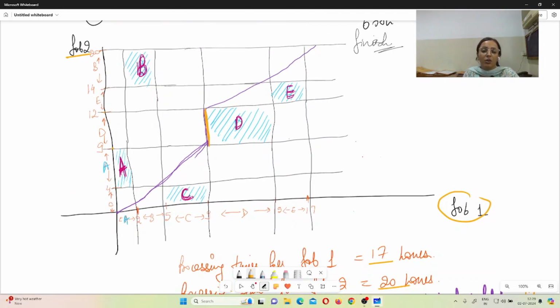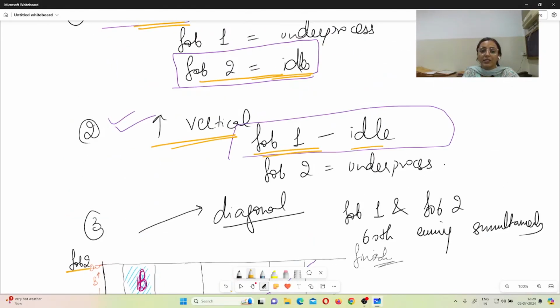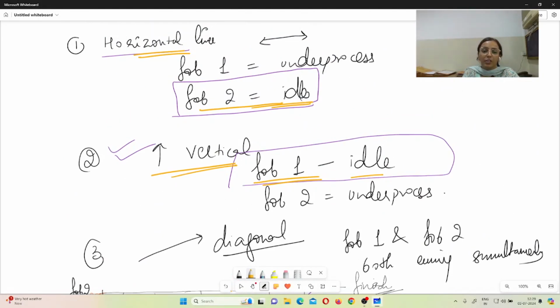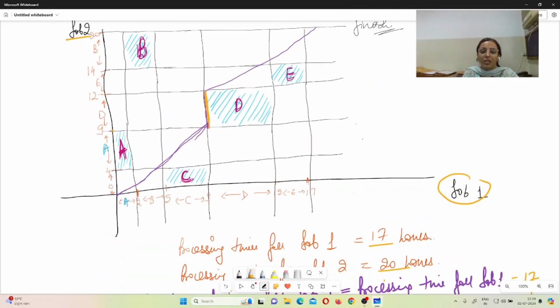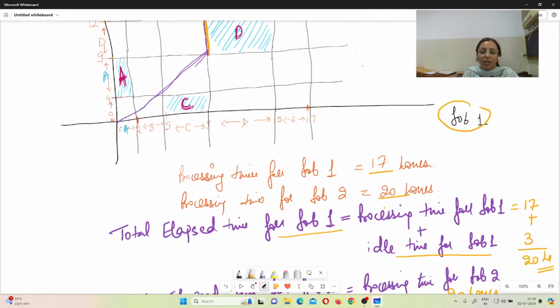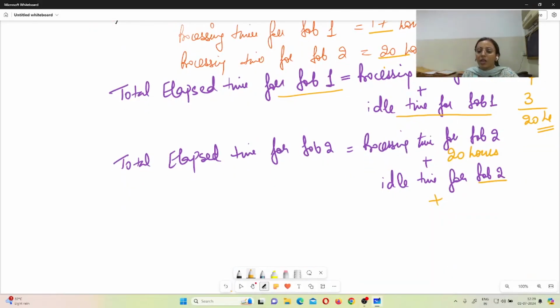We have the vertical line, and the diagonal line. What line do we have to find for job 2? That is the horizontal line. So is there any horizontal line in this? No, we have the diagonal line, the vertical line, the diagonal line. We don't have any horizontal line. So the idle time for job 2 is 0.